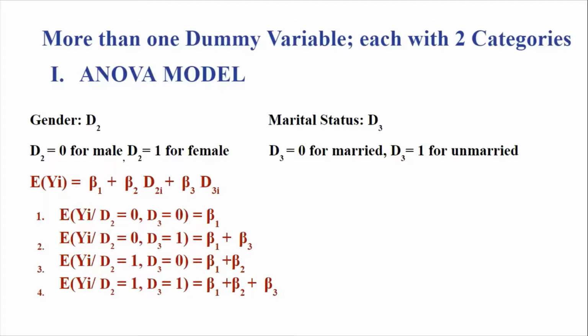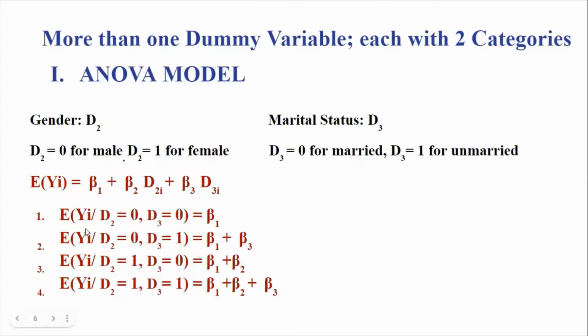Now the regression equation in this case can be written as expected value of yi is equal to beta 1 plus beta 2 d2i plus beta 3 d3i. So there are three regression coefficients: beta 1, beta 2 and beta 3, and two dummy variables d2 and d3. And there is no quantitative variable because it is an ANOVA model.